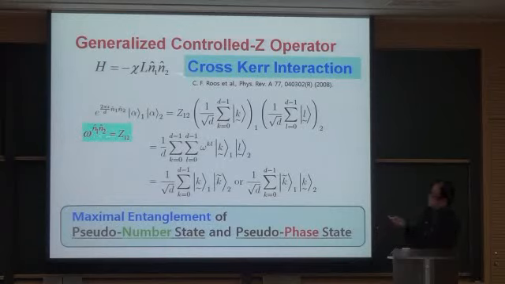And I'm proposing this can be realized by cross-Kerr interaction between two photon beams. That is, the dynamics is simply proportional to the photon number of the first beam times the photon number of the second beam. If you have this kind of interaction, then you can realize this. If this is a Hamiltonian operator, then the dynamics is given like this, e to the i times this Hamiltonian.